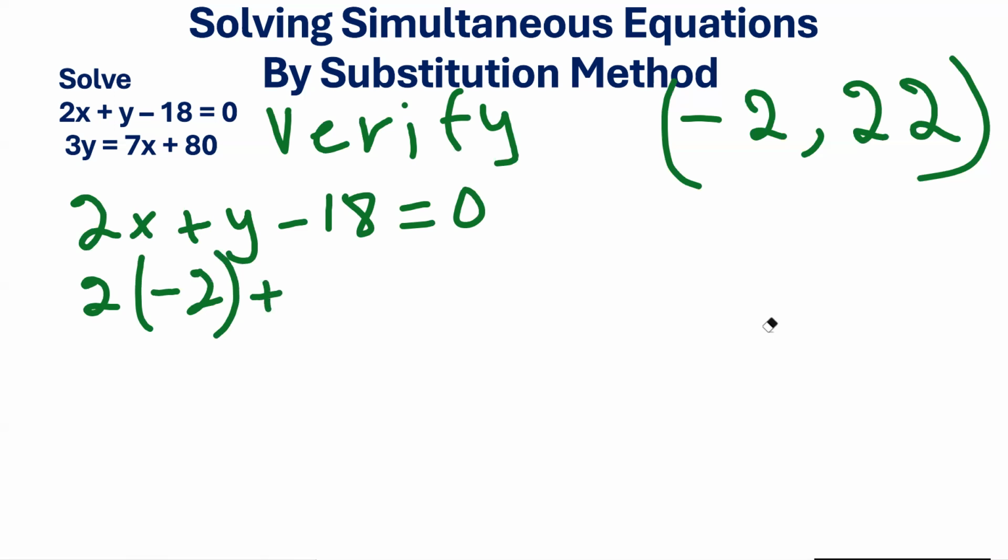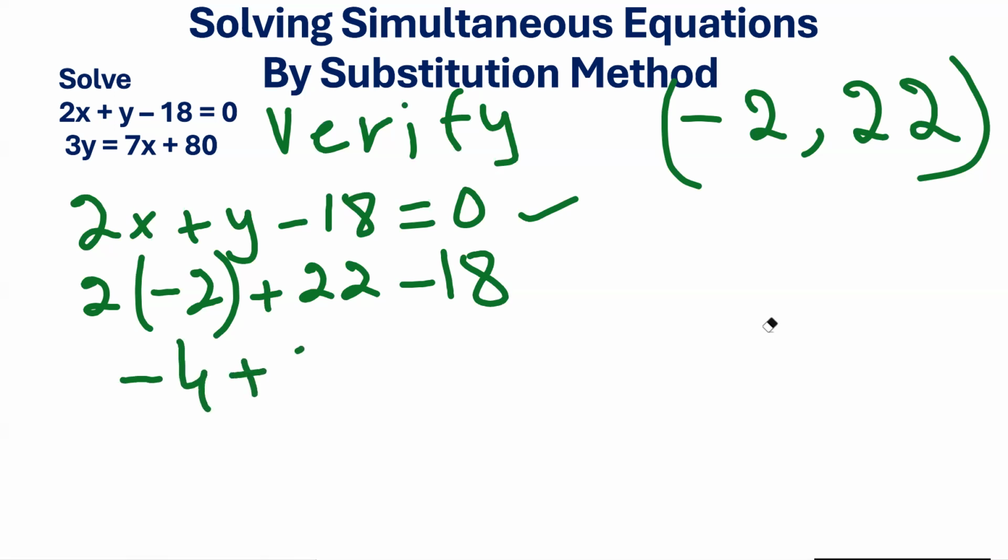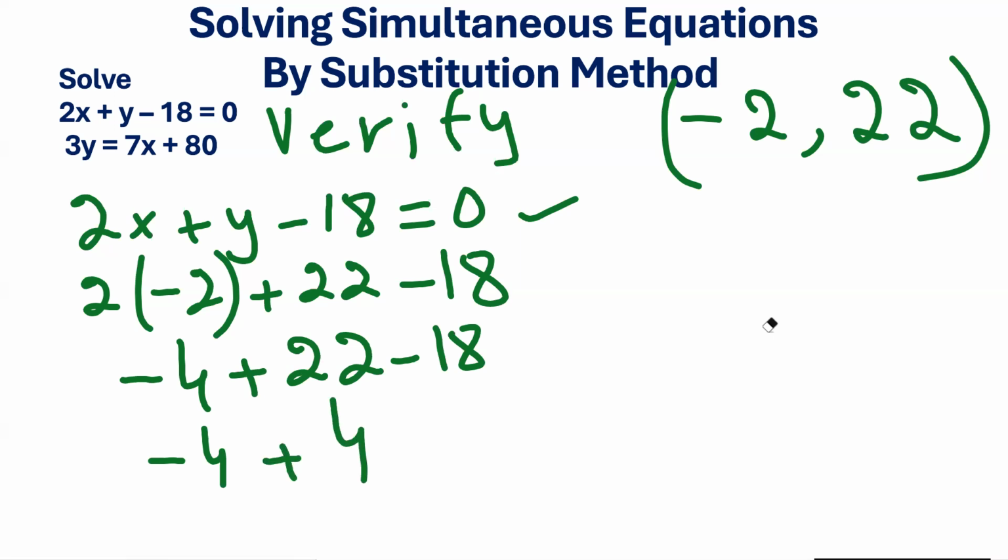What is the value of y? 22. Minus 18, check. 0 should come. 2 multiplied by minus 2 is minus 4. Plus 22 minus 18. 22 minus 18 is plus 4, which will give you 0. So the equation is satisfied.